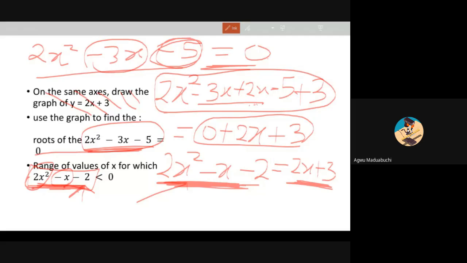You are the one to say, okay, I already have this curve. What do I need? I need this straight line so that I look for where they are both equal. Those 2 points, if it's 2 points, give me the solution to the graph. Is this clear? Yes, ma. It's clear. Okay.